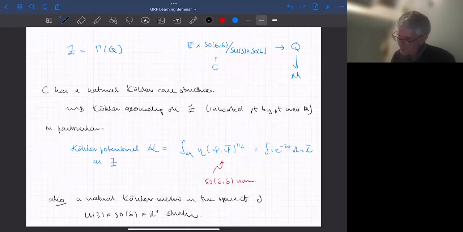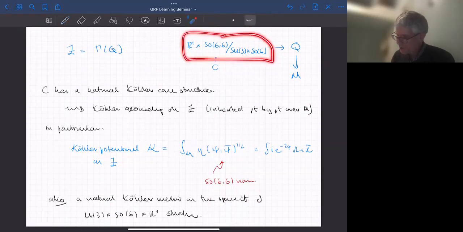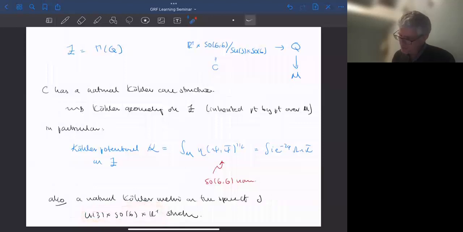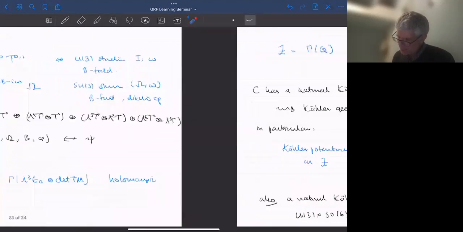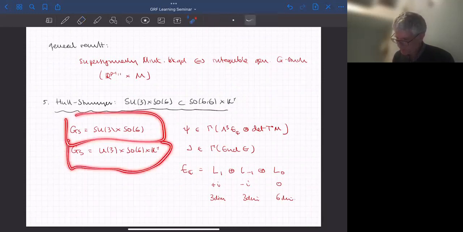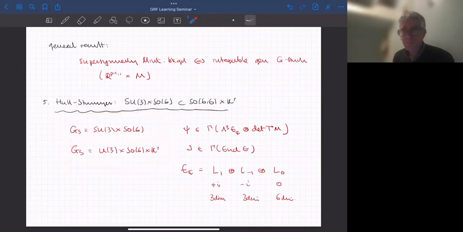That's just inherited from the fact that this thing is a cone over another Kähler metric, and that's the Kähler metric on the coset associated to this. So actually you get a natural Kähler metric both on the space of these structures, and also on the space of these structures, which is equivalent to this choice.